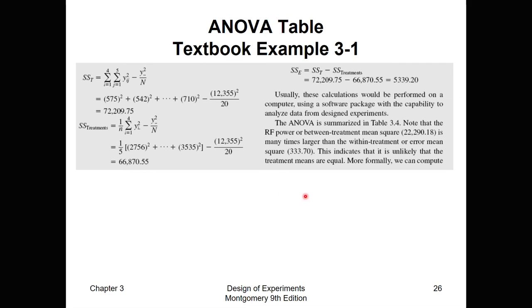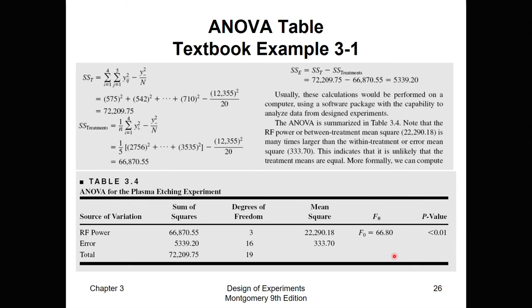And then, of course, I do the sum of squares treatment divided by degrees of freedom treatment to get the mean squared treatment, and sum of squares error divided by the degrees of freedom error to get the mean squared error, and then I would calculate the mean squared treatment divided by mean squared error to get F. So doing all this, again, we did all this kind of in our heads before. 3, 16, 19, the sum of squares look right, the different sources of variation look right.